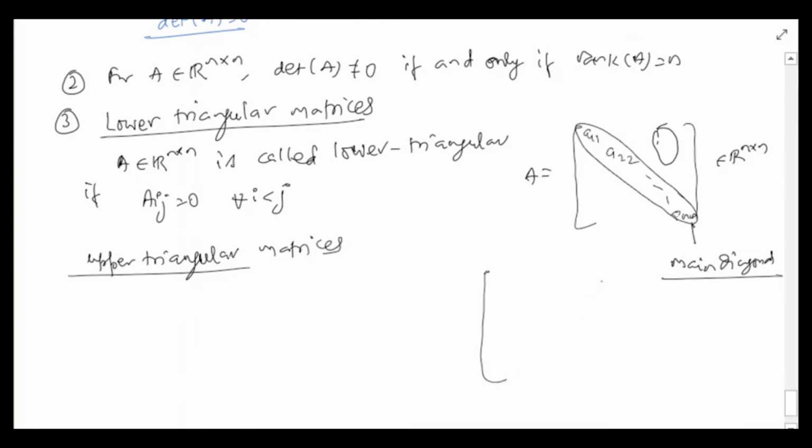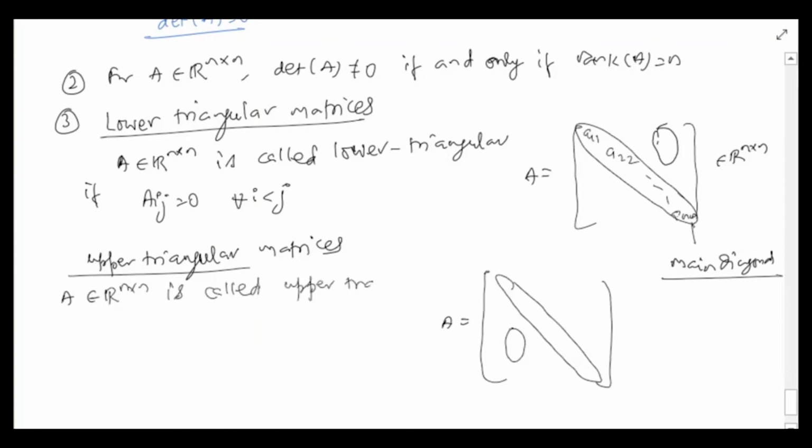Let us consider A, which is n by n, and this is its main diagonal. If all the entries below the main diagonal are 0, then A is called upper triangular matrix. So A is called upper triangular if Aij is equal to 0 for all i greater than j.